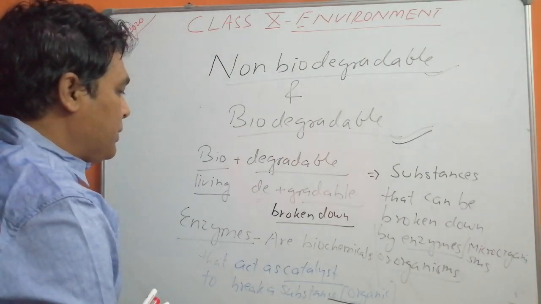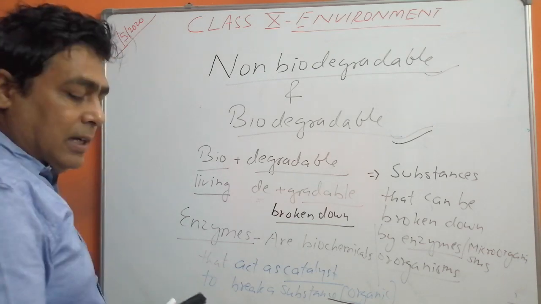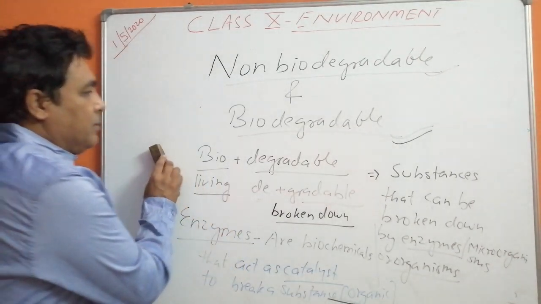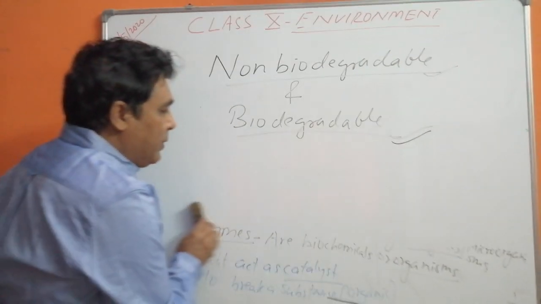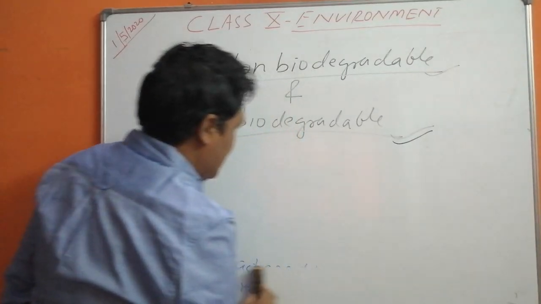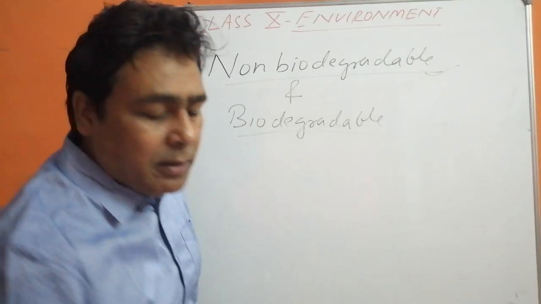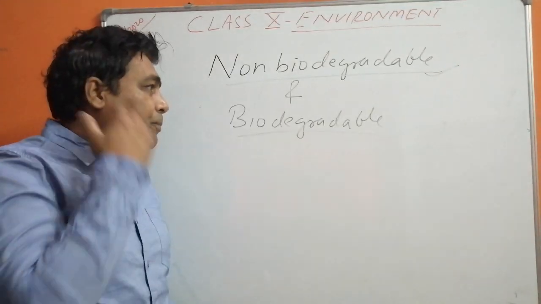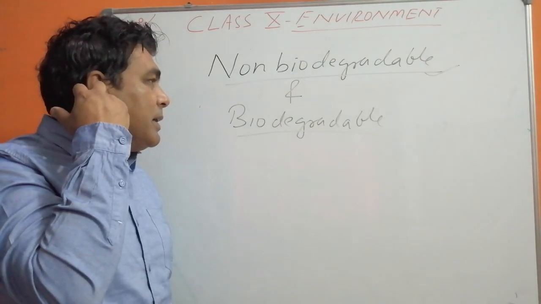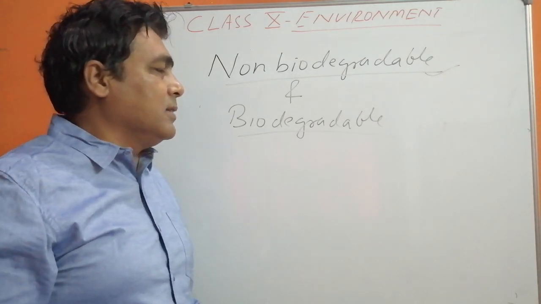Now I hope you have understood that in the long duration man has been on earth, things have been broken down with the help of enzymes. Enzymes are biocatalysts which help in the breaking down of chemicals, biochemicals or organic substances.